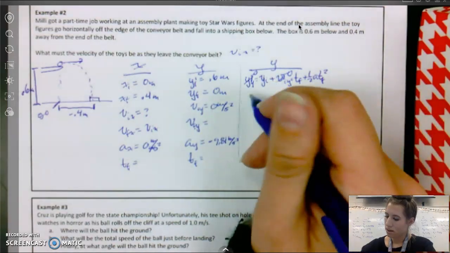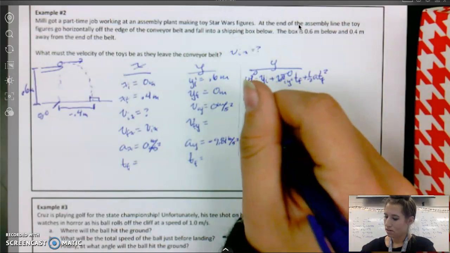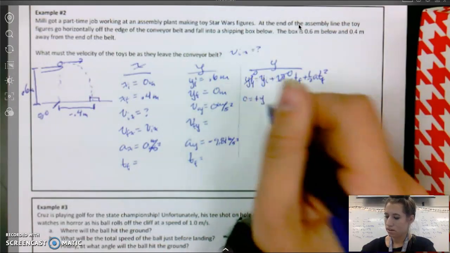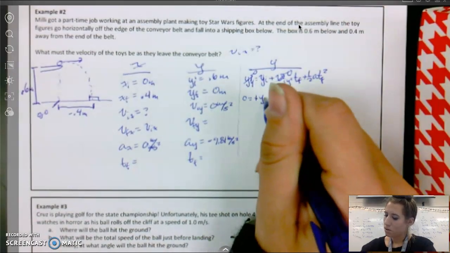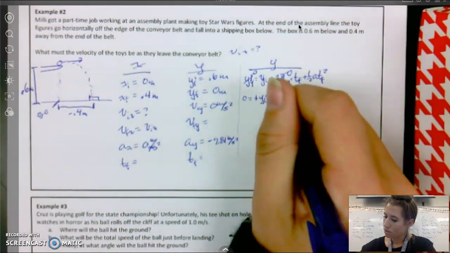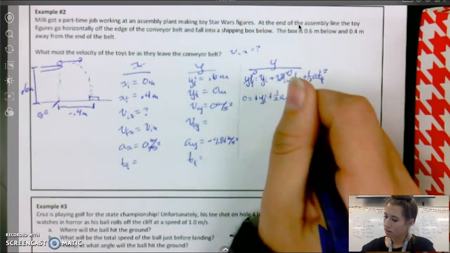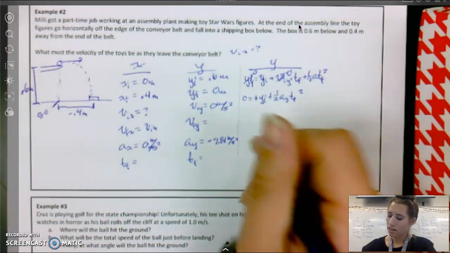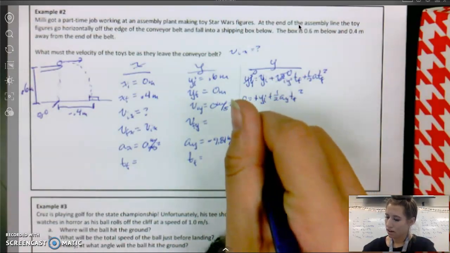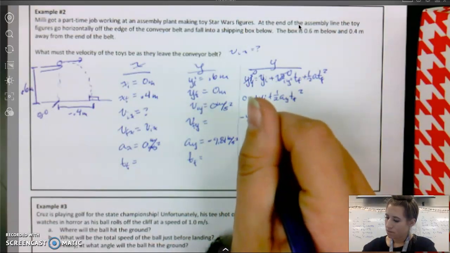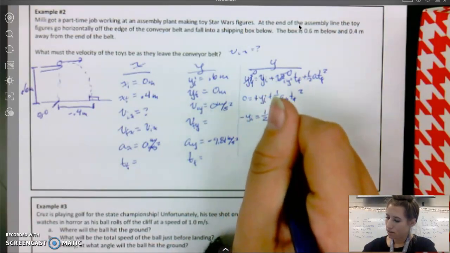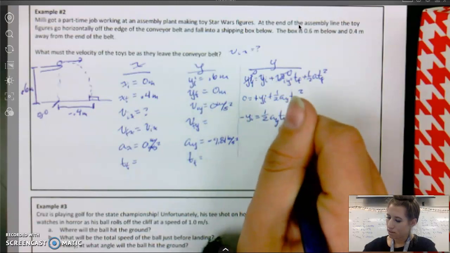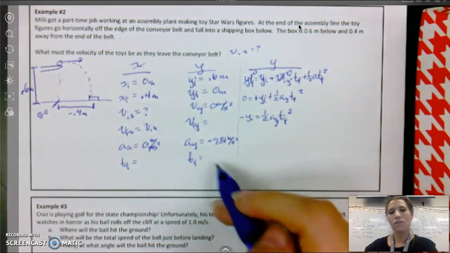And so we have 0 is equal to positive, because we haven't moved that over yet, y initial plus 1/2 acceleration t final squared. I'm going to add that to the other side, so I'll have a negative y initial is equal to 1/2 acceleration t final squared, and I'm solving for time.